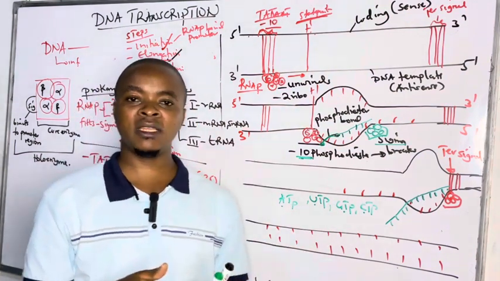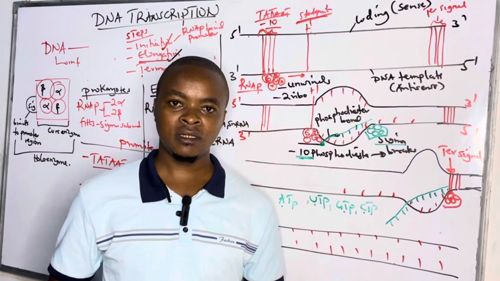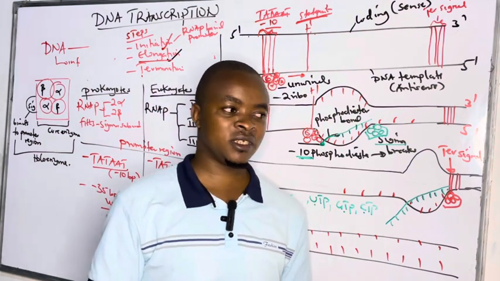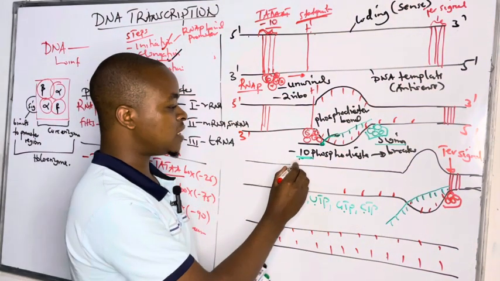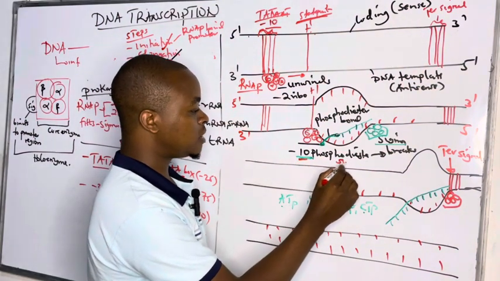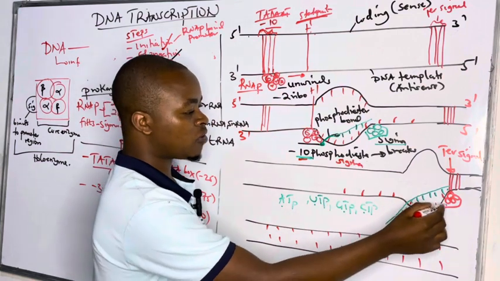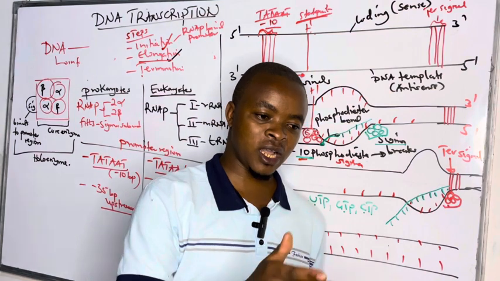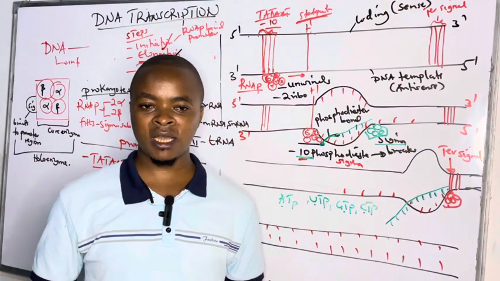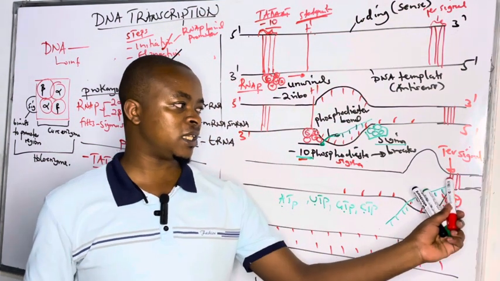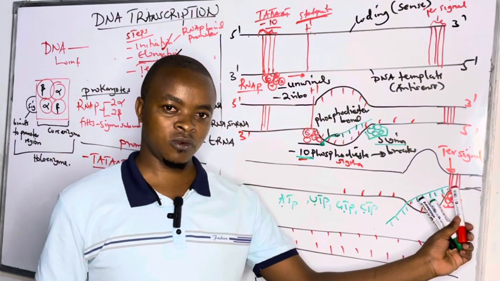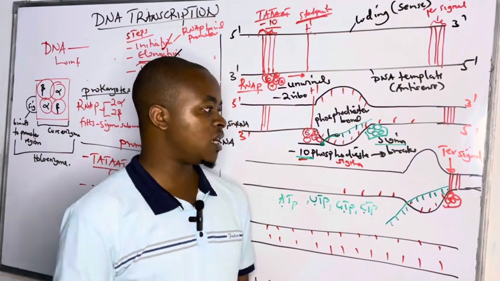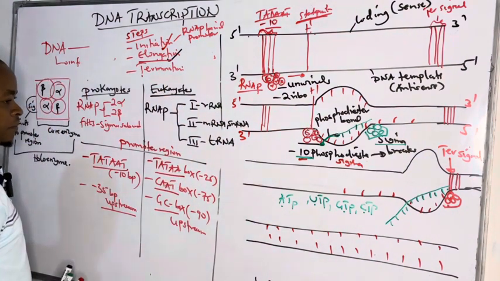And as it is moving, when it forms 10 phosphodiester bonds, the sigma subunit breaks away to leave the core enzyme. And the core enzyme continues to move, adding more complementary base pairs until it senses the termination signal. And this is when it will stop the elongation step and we enter into the termination step.